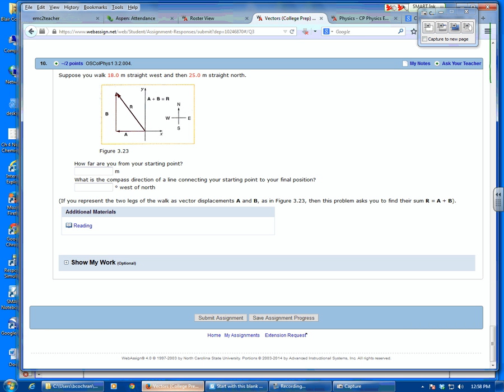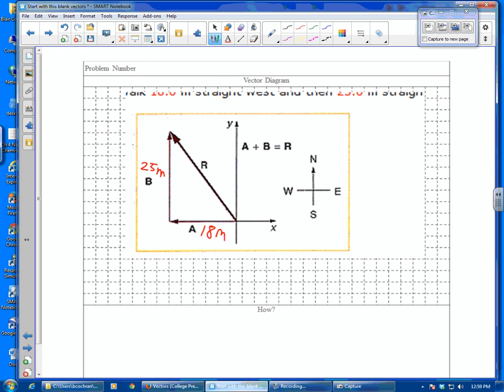And then the compass direction of that displacement vector, west of north. So they want to know the angle that is west of north, which means I started pointing north, which they have labeled Y here in their diagram, and then I turn that many degrees west.